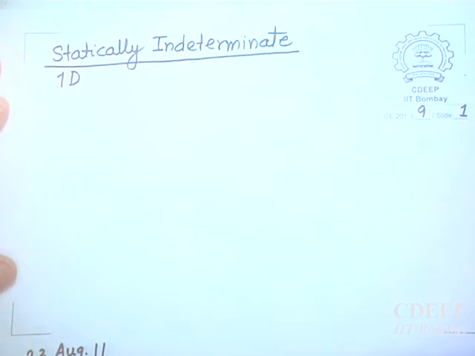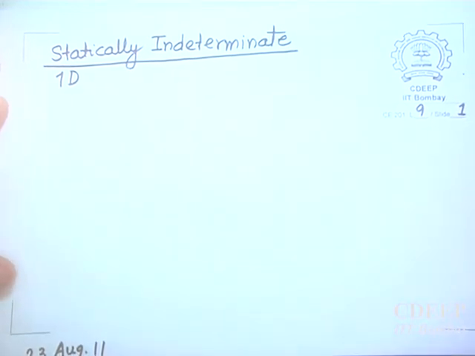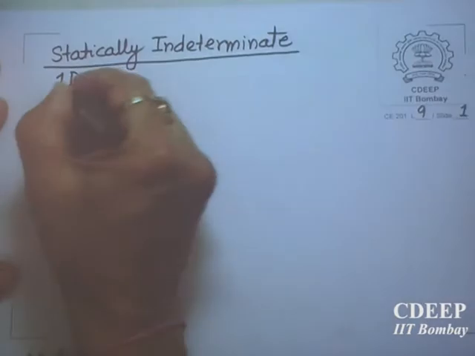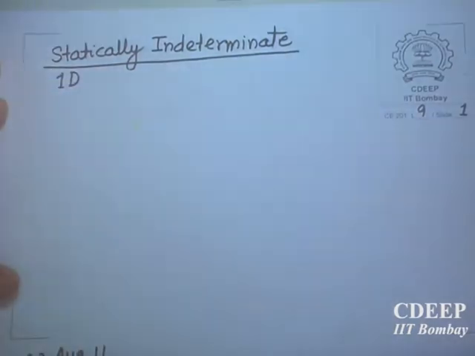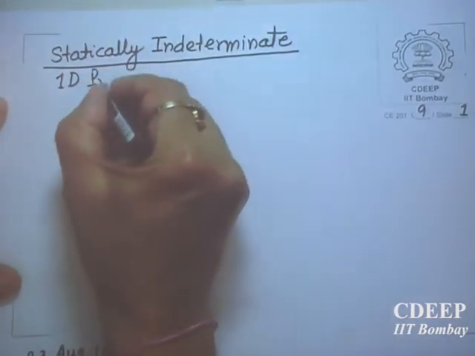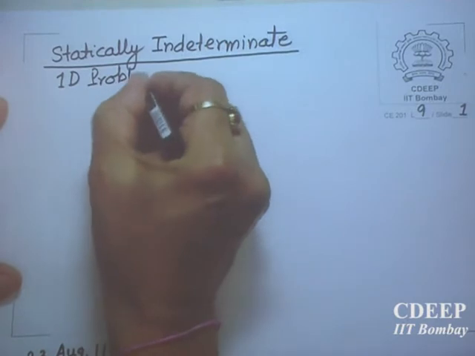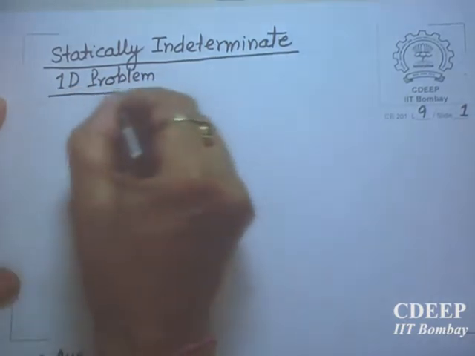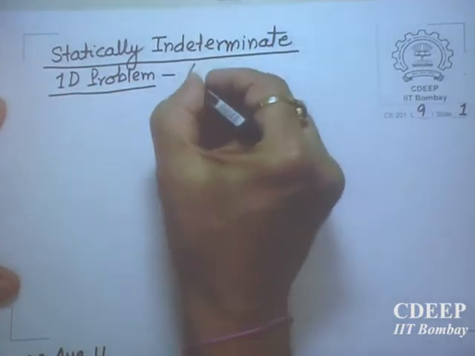Why one dimension? Because all the displacements are functions of only one coordinate x. They are all axially loaded bars. So it is 1D. We call one dimension in short form 1D, 1 and D capital.